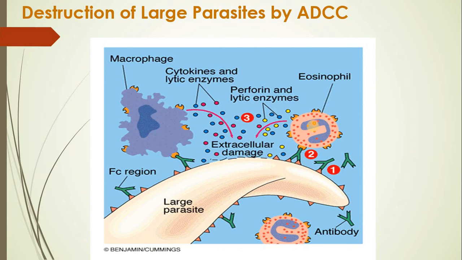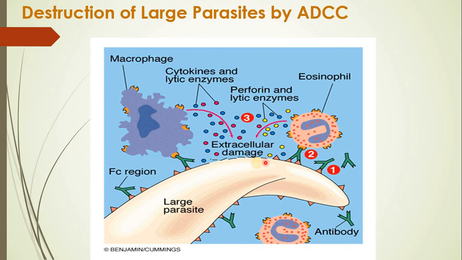So attraction of eosinophil will enable the eosinophil to give out large amount of perforin type of component or the secretions, and these perforins are actually the proteinaceous component which are containing large amount of lytic substances within itself. So these perforins will be seen secreted in close vicinity with the larger molecule, that is the parasite.